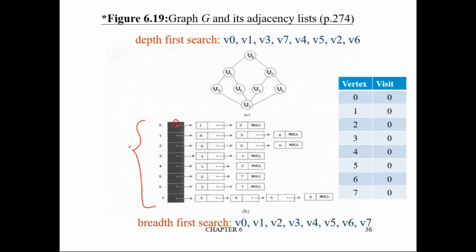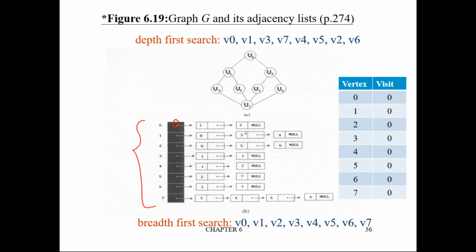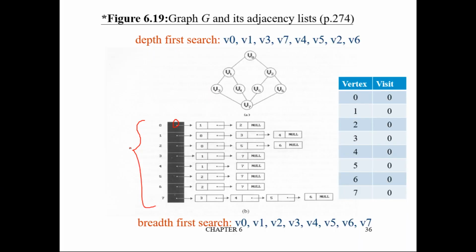So after 0 it will display what? 1. Then traverse equal to traverse arrow next, so that is 2. Then traverse is not null, it will display 2. Then again traverse arrow next means it becomes null. So if it becomes null, we come out of the loop, then we display null.